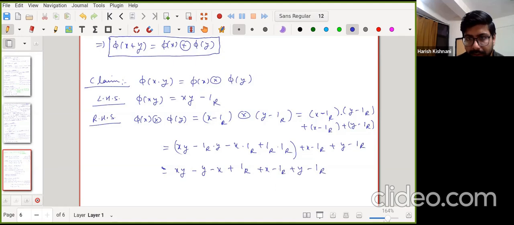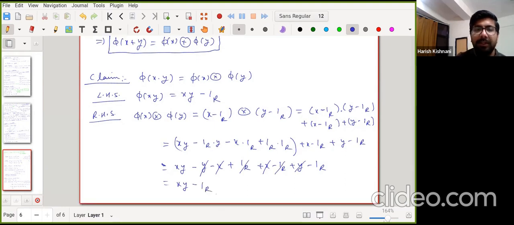So cancel this x with this x and this y with this y. So what we get is xy, and this 1R you can cancel with minus 1R. Finally it is xy minus 1R, which is the same as the LHS part.